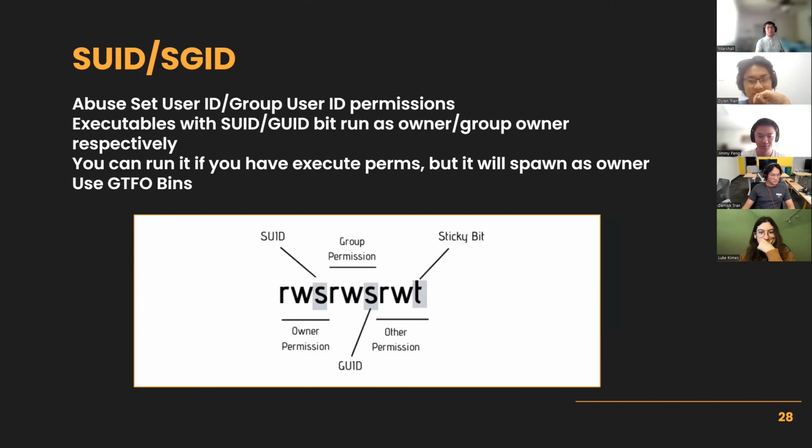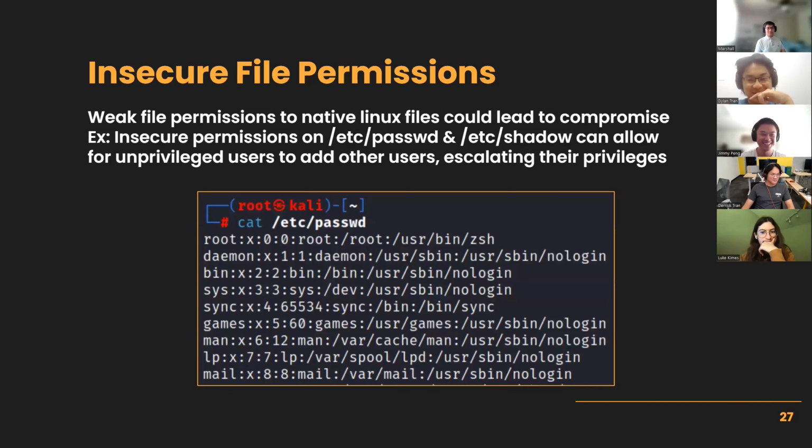Similar to /etc/passwd, we also have /etc/shadow. So /etc/shadow is also a vulnerable file where if you're able to read it, for example, you could try to crack hashes of passwords of other users.